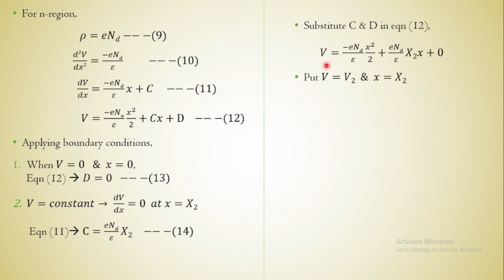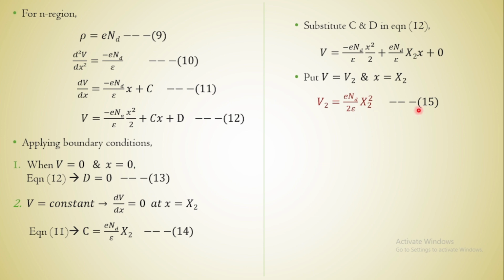Then we put V equals V2 and x equals x2 in the above equation, through which we get the value of V2 as e Nd by 2 epsilon into x2 square, which we are calling equation number 15.